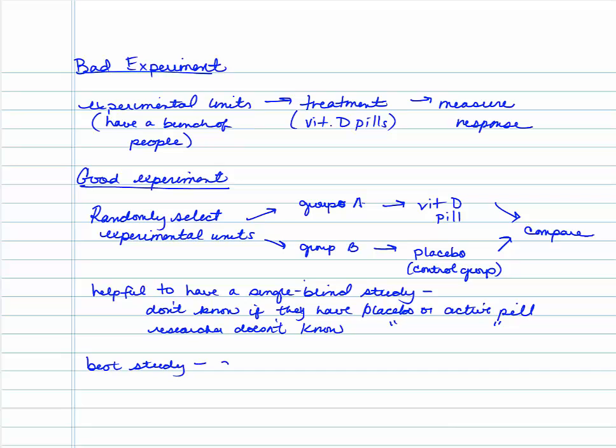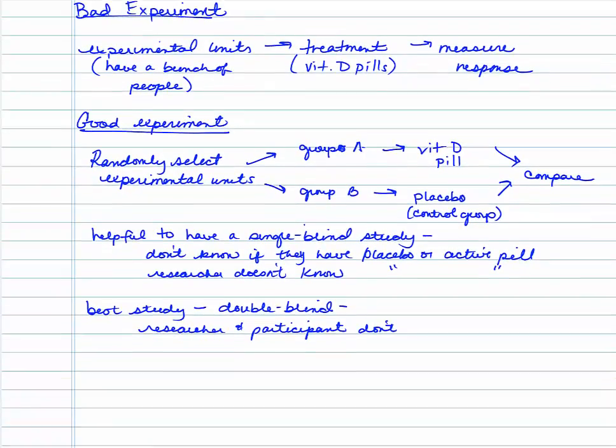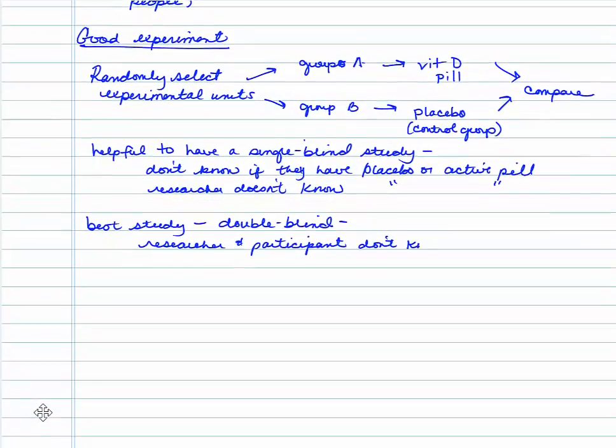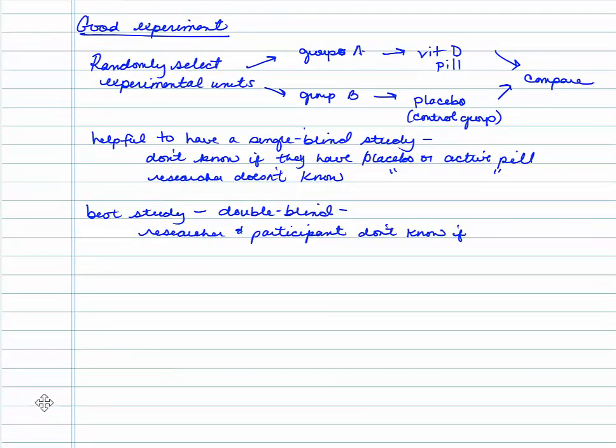It's called double blind. And I've heard this many times when I hear of a study. And it's the researcher and the participant. Don't know if it's an active pill or inactive pill, like the placebo.